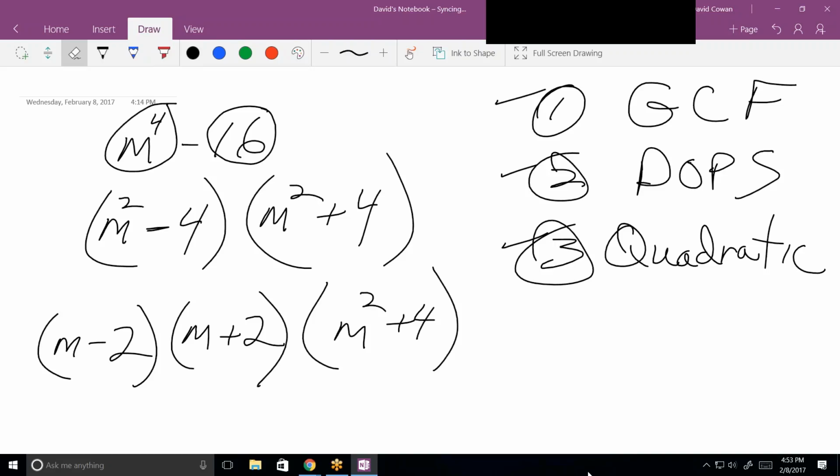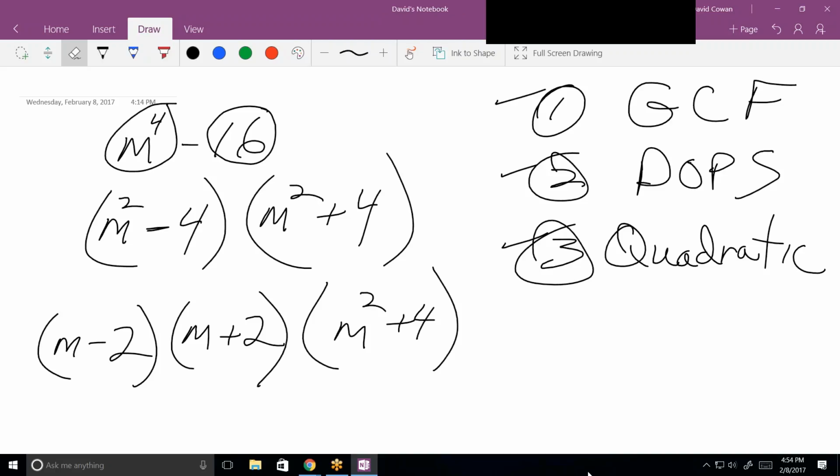Now, there is no sum of perfect squares. So m squared plus 4 does not factor. There is difference of perfect squares, and there is difference of perfect cubes, and there is the sum of perfect cubes.